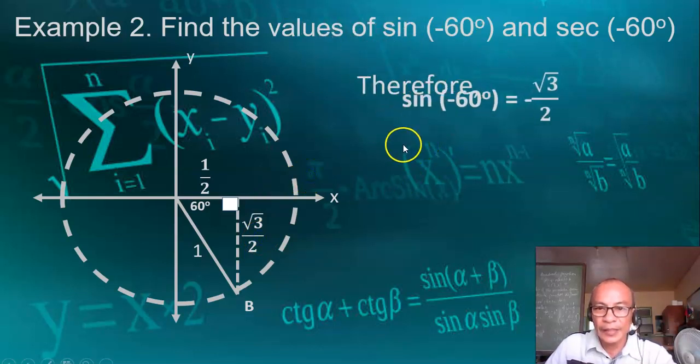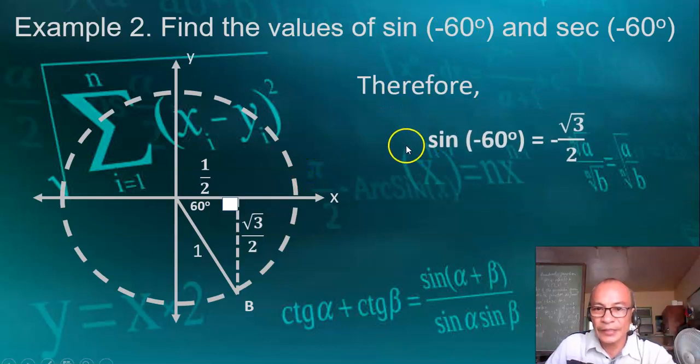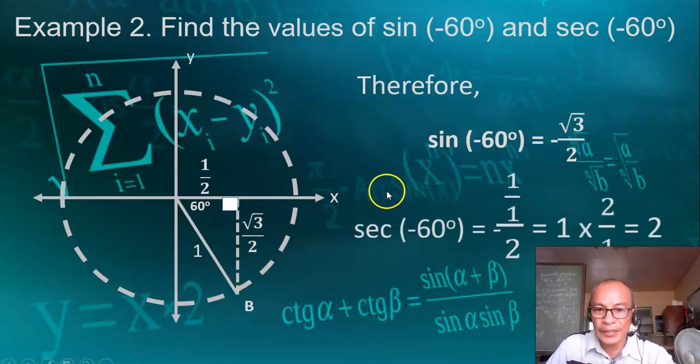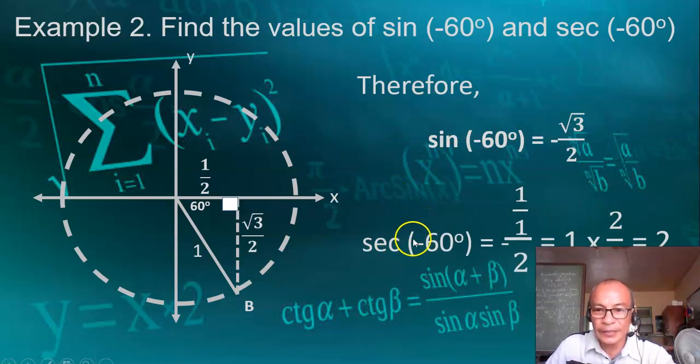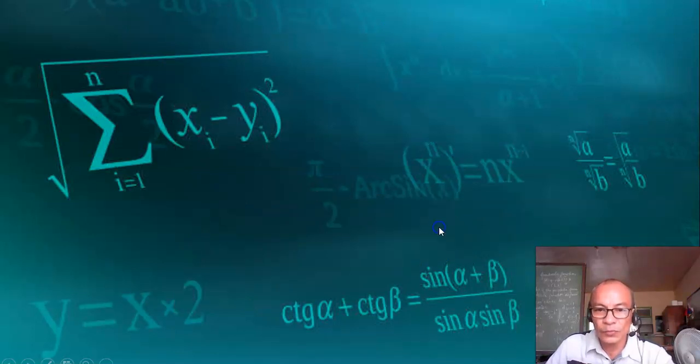Therefore, sine negative 60 degrees is equal to negative square root of 3 over 2. Ito po yun, nasa fourth quadrant, so negative siya. And then secant negative 60 degrees is equal to 1 over x, which is equal to 1 over 1 half, which is equal to 1 times 2 over 1. So we get the reciprocal, so it's equal to 2.